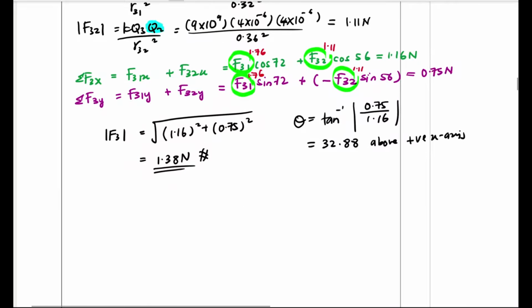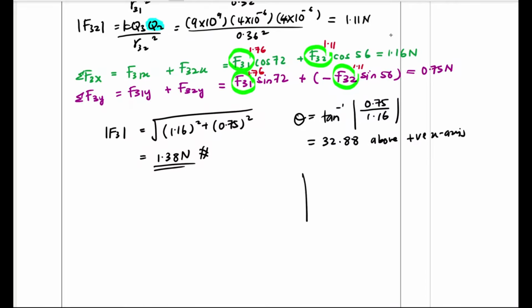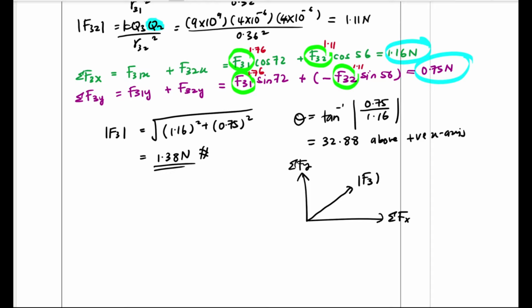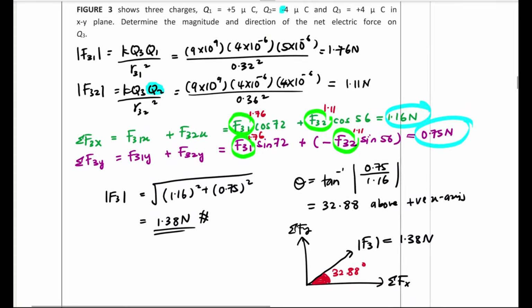Okay. So total Fy we got is positive, so upward. Total Fx we calculated earlier is also positive, so to the right. So the resultant force on charge 3 here is 1.38 Newton, where the angle is here, 32.88 degrees above positive X-axis.